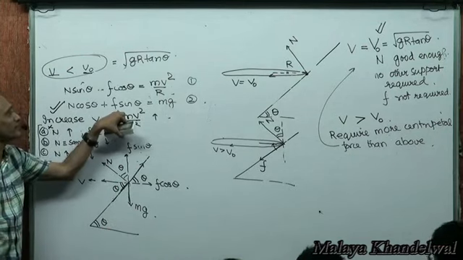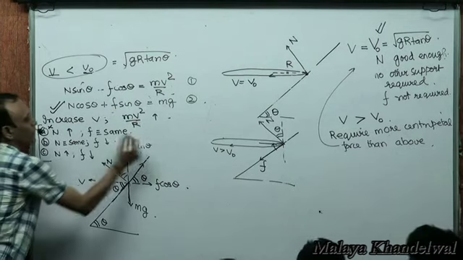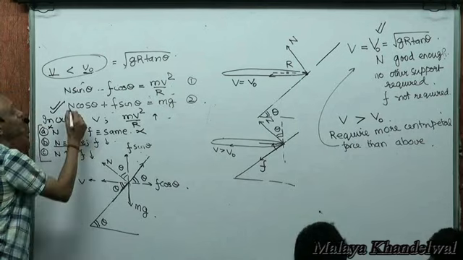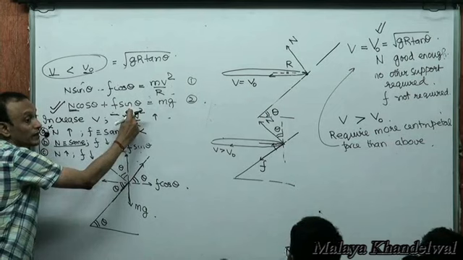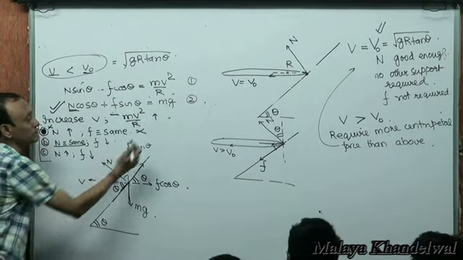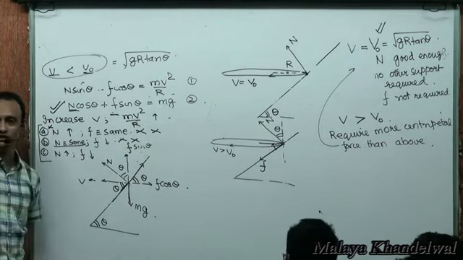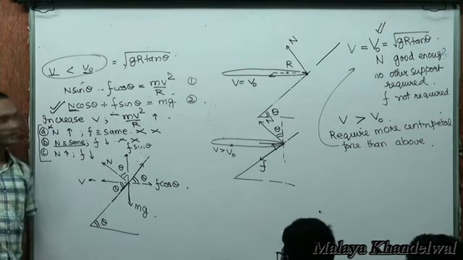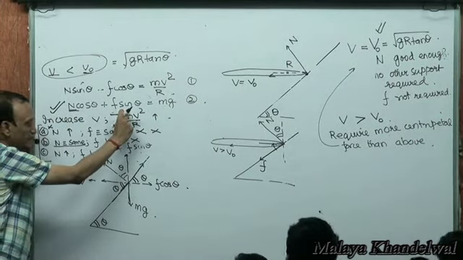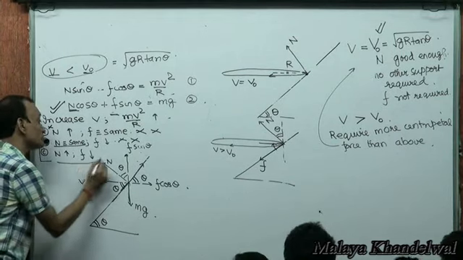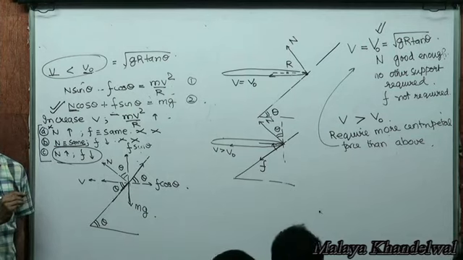So ruled out. N remaining the same and f decreasing, then this will become less than mg. Can't happen. Junk this second condition B. I can't have these two because it will not be commensurate with this requirement of balancing the weight. And therefore, the only possibility is n increases and f decreases.